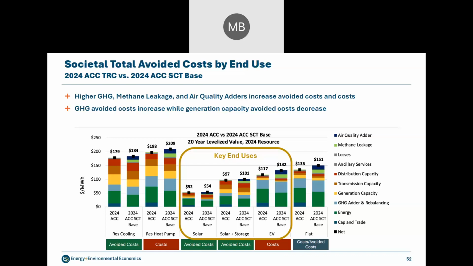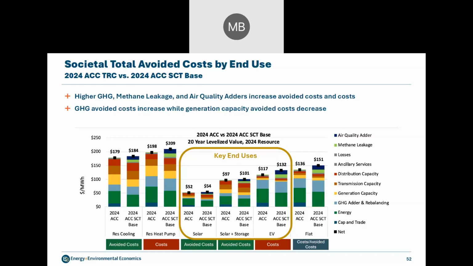Let me describe how we are currently calculating the cost of carbon in the gas model. There are two steps. First, we decide the first value to use in 2024, and this value is basically the carbon abatement cost of residential electrification, and it is the same across SCT and TRC.